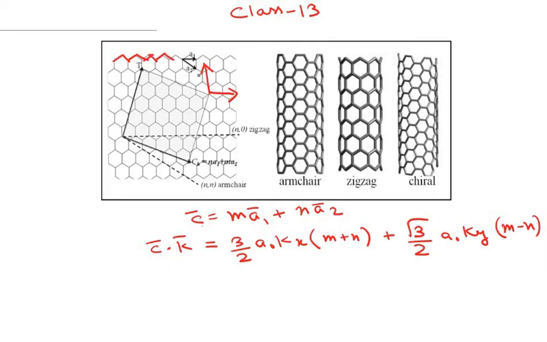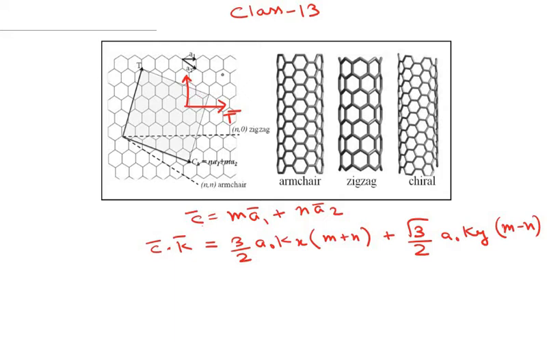The second type of nanotube is known as armchair nanotube, where the axis of the hollow cylinder of the nanotube is in this direction. Okay, so this one is the axis of the hollow cylinder, which we call T, and the circumferential direction, that is the direction along which the circumference of the hollow cylinder forms, is basically along this direction.